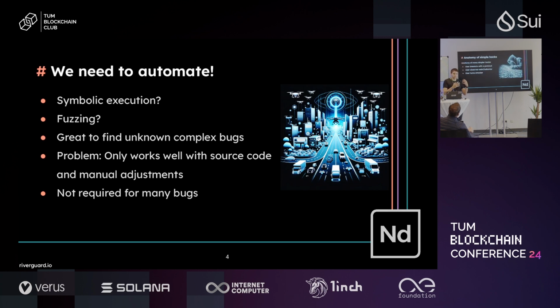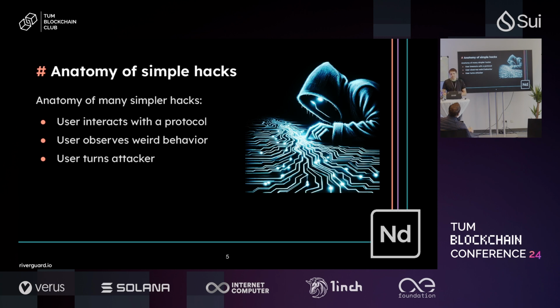So when we looked at these hacks that happened on, for example, Solana, there was often just a user interacting with a protocol, like depositing some tokens, doing something with the utility token, and then withdrawing it again, for example. However, when the user then sees some weird behavior, he thinks, okay, how did this happen now?